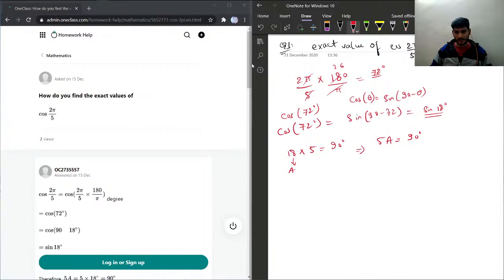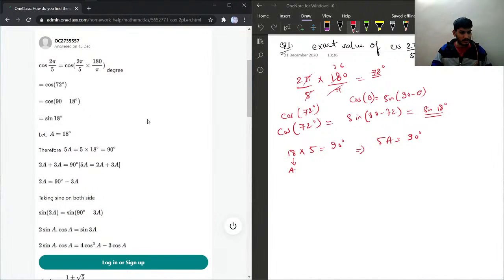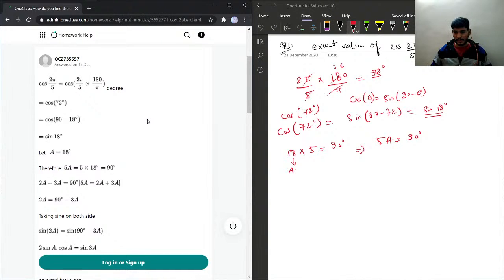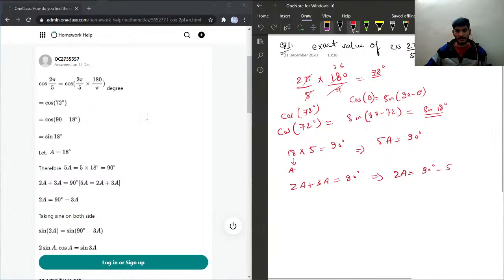And I can distribute 5A as 2A plus 3A equal to 90, and 2A will be 90 minus 3A.